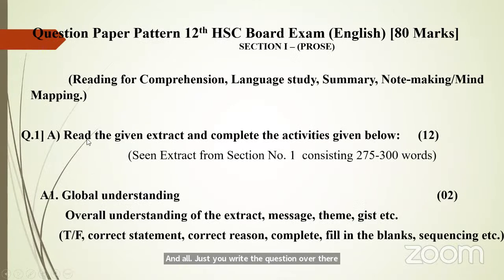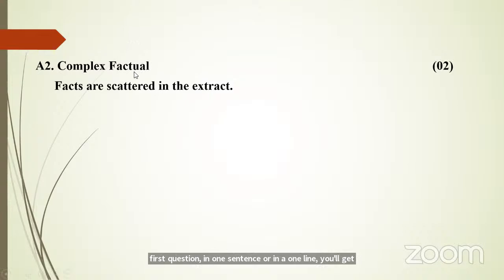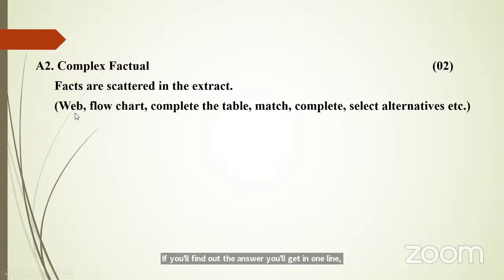Next, the second activity, A2, is complex factual, where facts are scattered in the extract. Whereas in the first question you'll find the answer in one sentence or one line, for the second you have to find it from across the extract. Many a time the questions are like a web diagram, a flow chart, or a table given to you, or match the following, complete the statement, select the alternative.